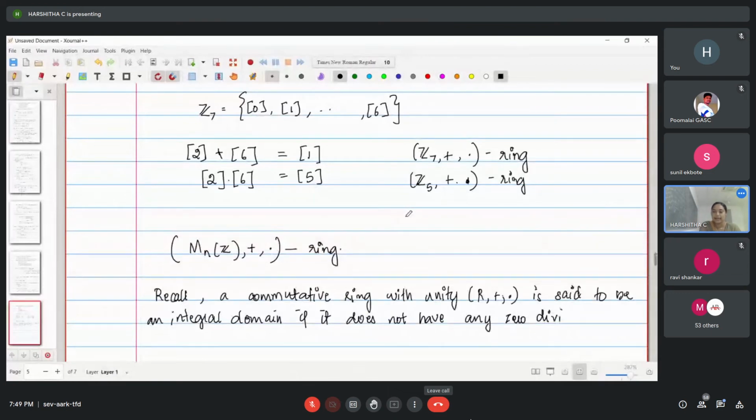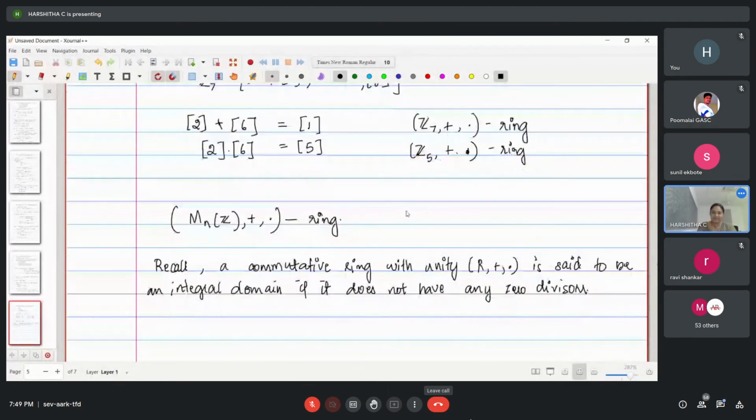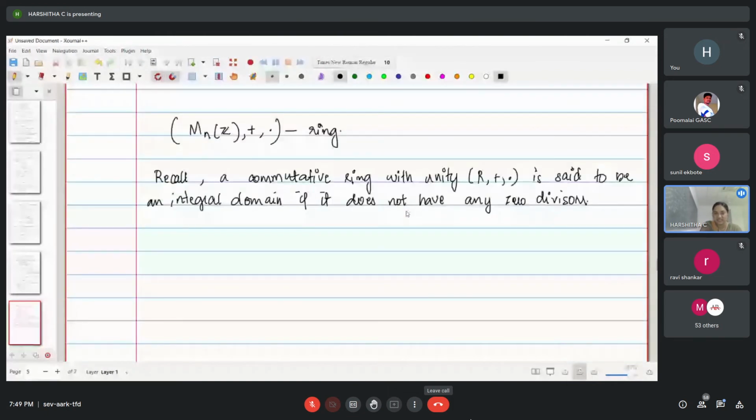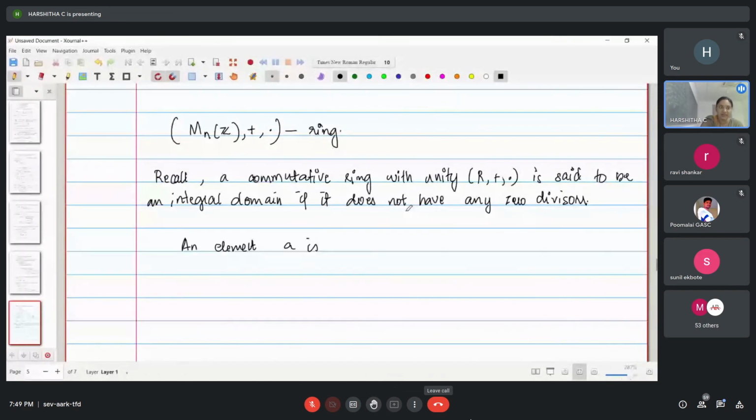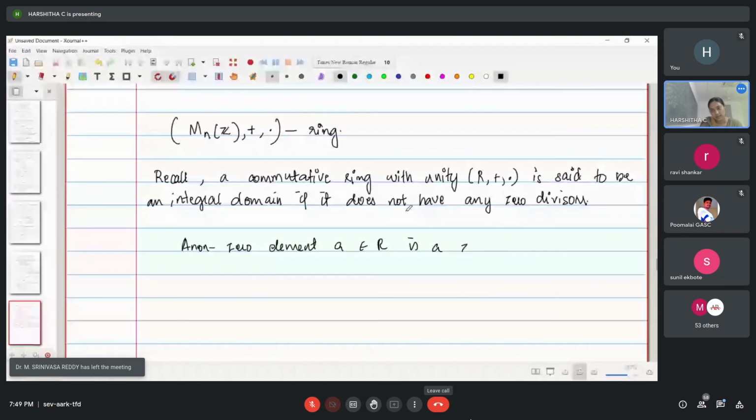Okay. So just to recall, what is a zero divisor? A non-zero element A, first of all we are excluding zero, is a zero divisor if there exists another non-zero element such that the product is zero.